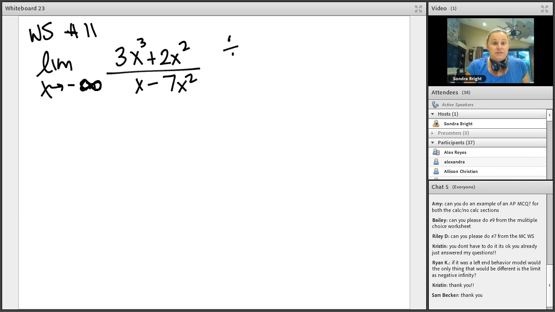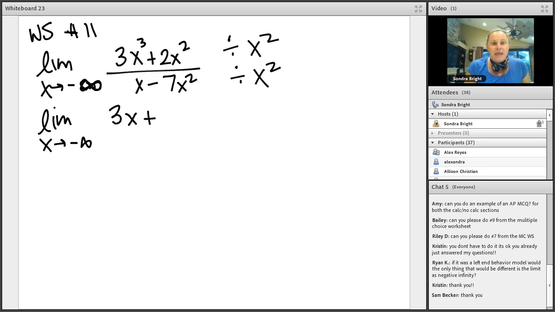So I would divide by x squared. Divide every single term by x squared. 3x cubed divided by x squared leaves you with 3x, and 2x squared divided by x squared leaves you with 2. And then on the bottom, we have 1 over x minus 7.